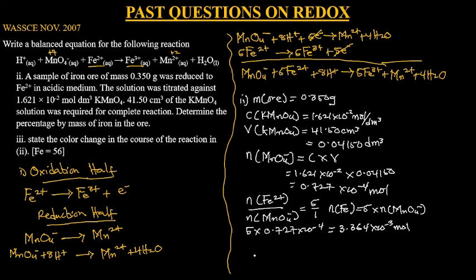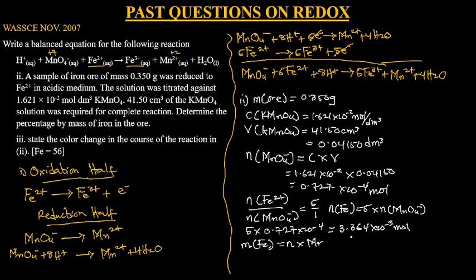Okay, so now that we know the mole, we are also given the molar mass. Over here, we've been told that the molar mass of Fe is 56. And so to find the mass of iron, all we have to do is to multiply the mole by the molar mass.